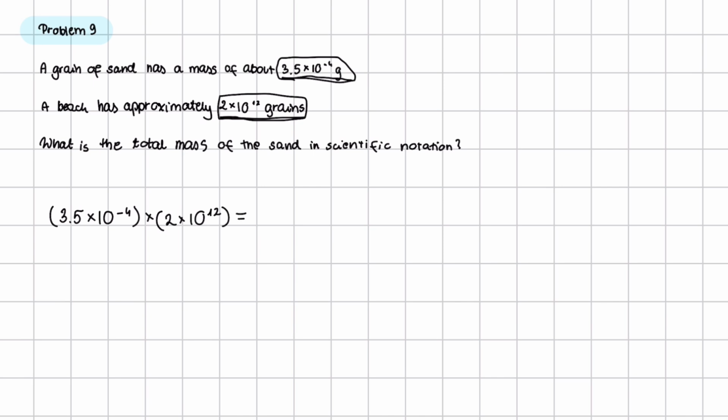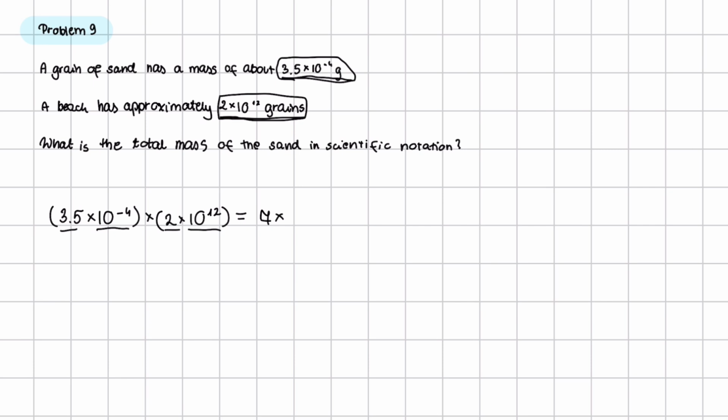And we know that we can change the places of our numbers because we have multiplication everywhere in this equation. So we can firstly multiply 3.5 by 2. So we will have 7, and then we can multiply 10 to the power of minus 4 and 10 to the power of 12.